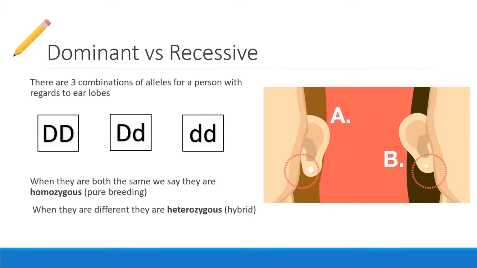Or you could get 2 recessive traits, 1 from your mum and 1 from your dad. Here's the question: if I get the dominant detached earlobe trait from mum and the dominant detached earlobe trait from dad, what do you think the earlobes are going to be? Detached or attached?